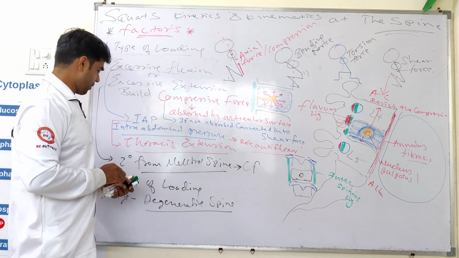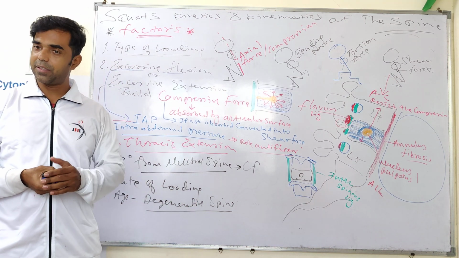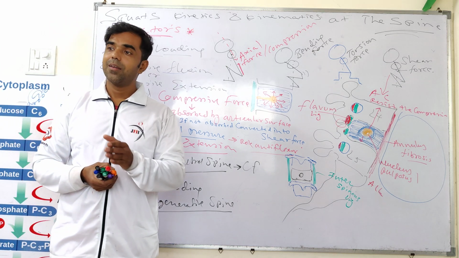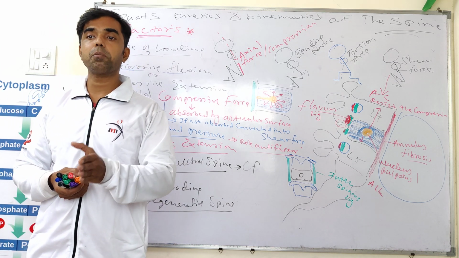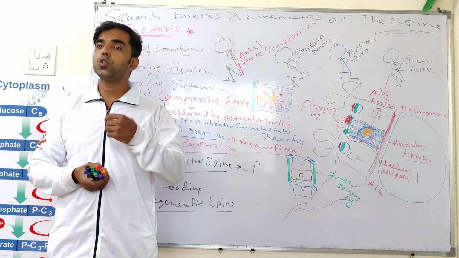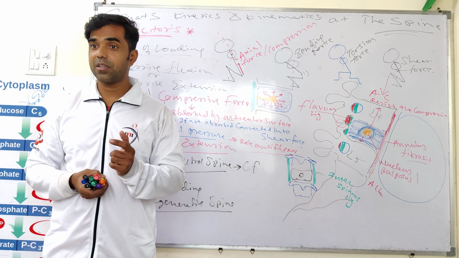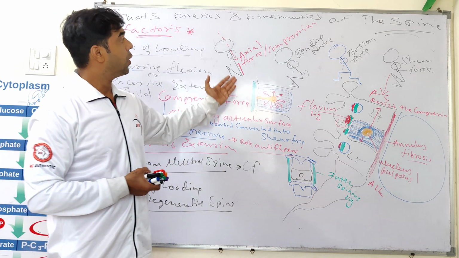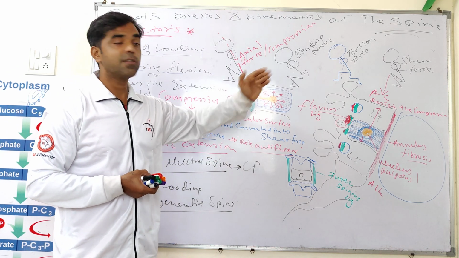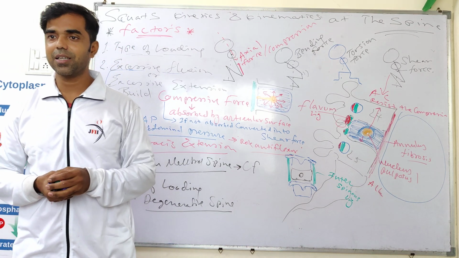Now, if the client has a degenerative spine, what will happen? He will not respond properly to squats, right? And he may show some pain syndrome or discomfort, and that may lead to any one of these forces, and your client may get an injury, right?